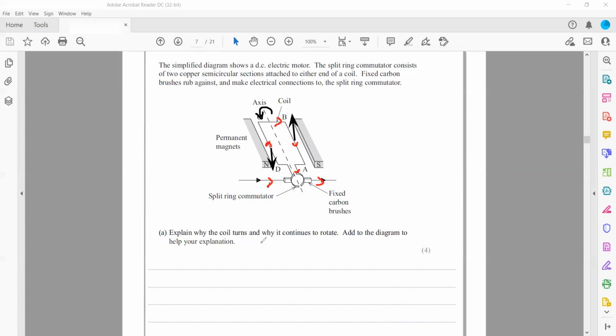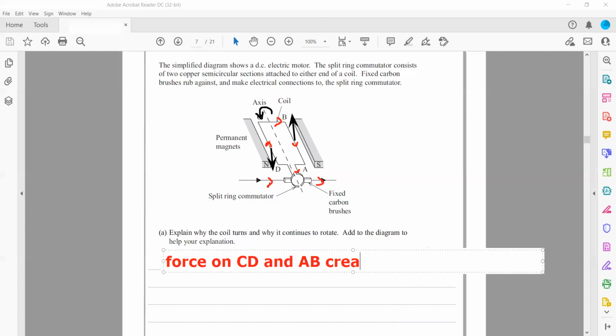So explain why the coil turns and continues to rotate. The force on CD and AB creates a moment or turning effect.